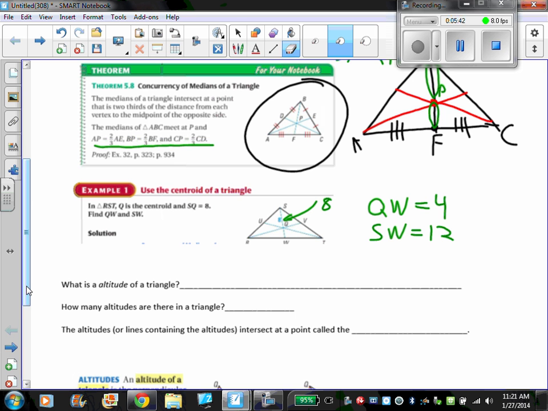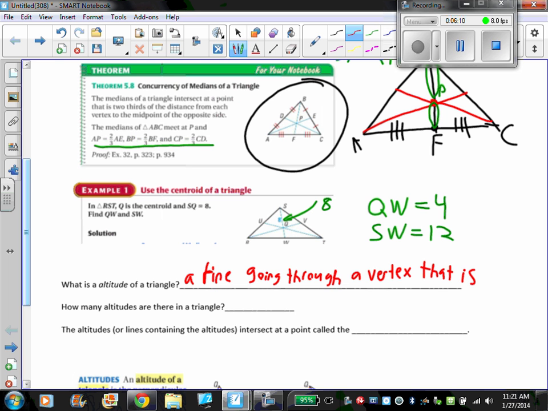All right, altitudes. An altitude of a triangle is a ray, actually a line we'll say, going through a vertex that is perpendicular to the other side, really the opposite side.